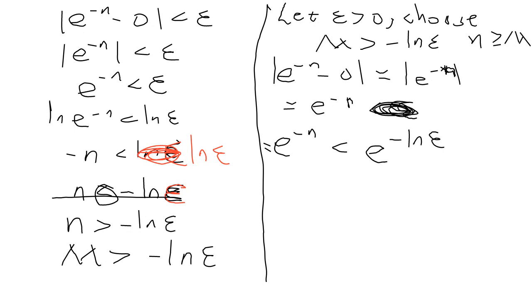How do you know that, sir? Well, you a while ago just answered me. You said that if n is increasing, then that means that e to the minus n is getting smaller. So we already said that n is greater than negative ln epsilon. If you put a bigger number in there, it's going to be less than it.